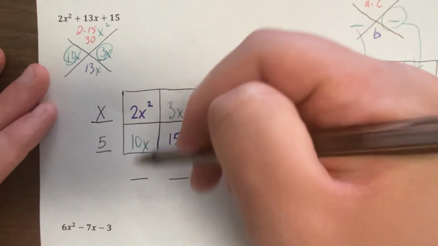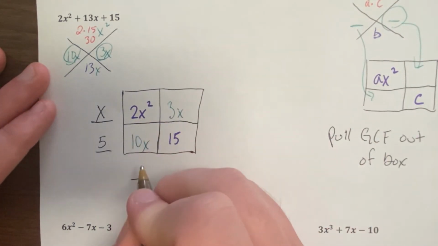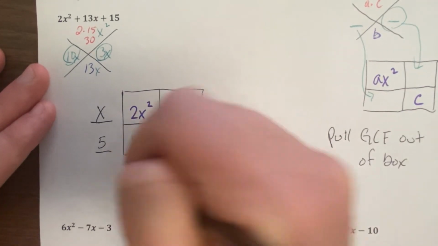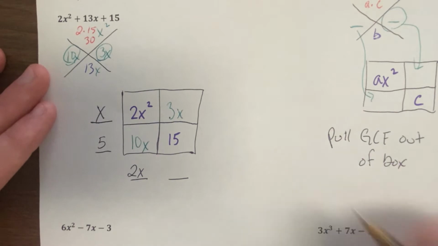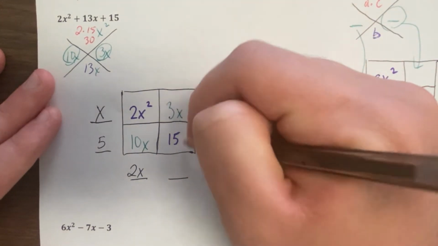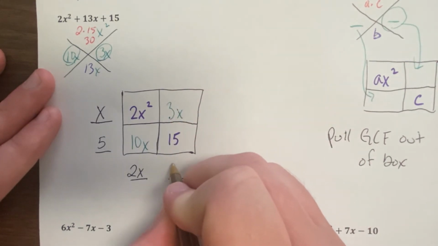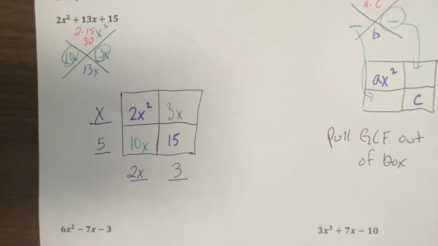Now we pull out of the columns. The GCF of 2x squared and 10x: 2 goes into both, and they both have an x they can give up. Lastly, 3x and 15 don't share an x in common, so I can't pull that out, but 3 goes into 3, and 3 goes into 15.